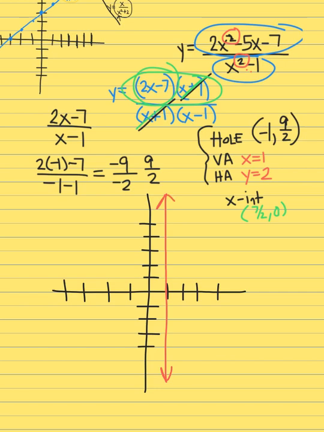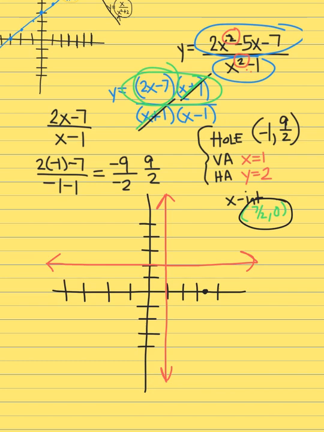My horizontal asymptote is y equals 2. And it's crossing the x-axis at 7/2, 0. That's 3.5. So I'm going to go to 3.5, and when I count 3.5, I'm counting from the origin. So I go 1, 2, 3.5. I'm going to make an ordered pair right here.